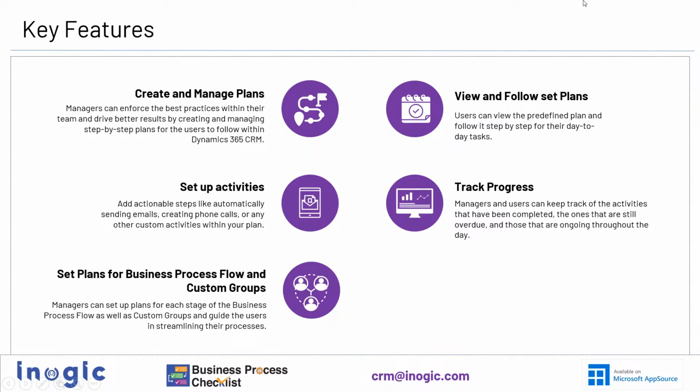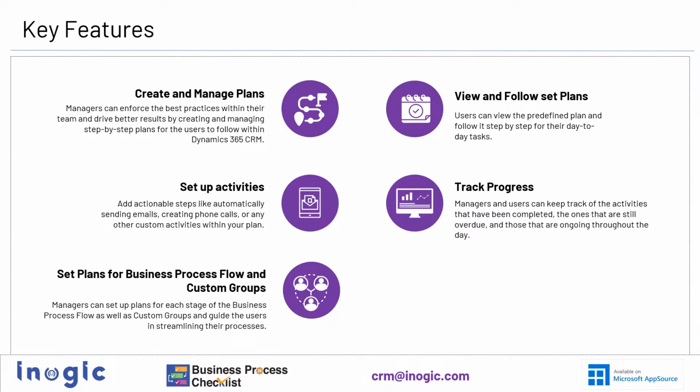With business process checklist, the managers can create step-by-step plans that outline the exact procedure the team members should follow. Now, just a heads up, this ensures that everyone is on the same page and adhering to the most effective strategies.